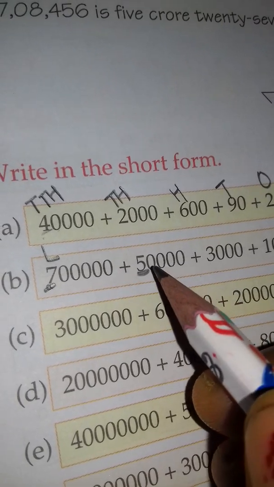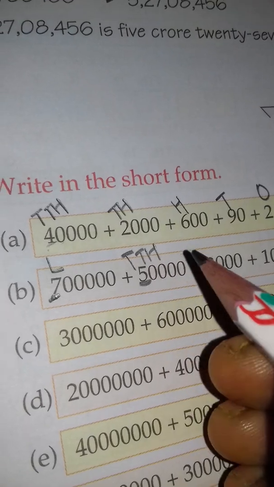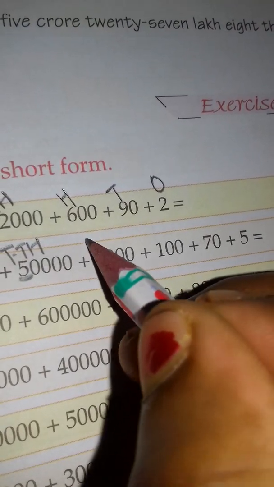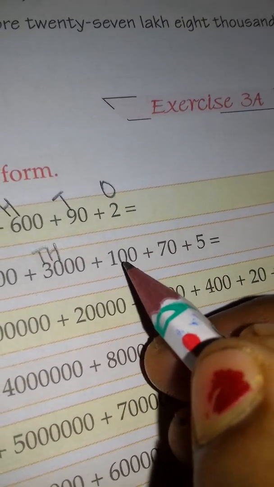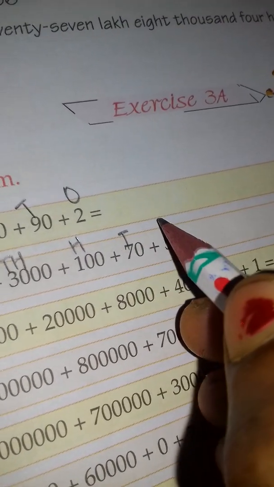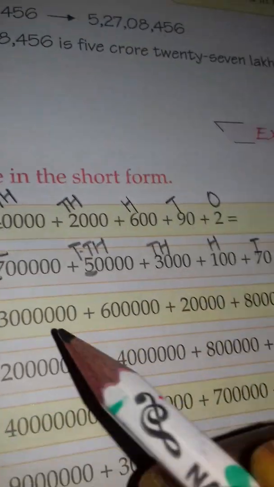At 10,000. Then 3 at 1000. Then 1 at 100, then 7 at tens, and 5 at ones.